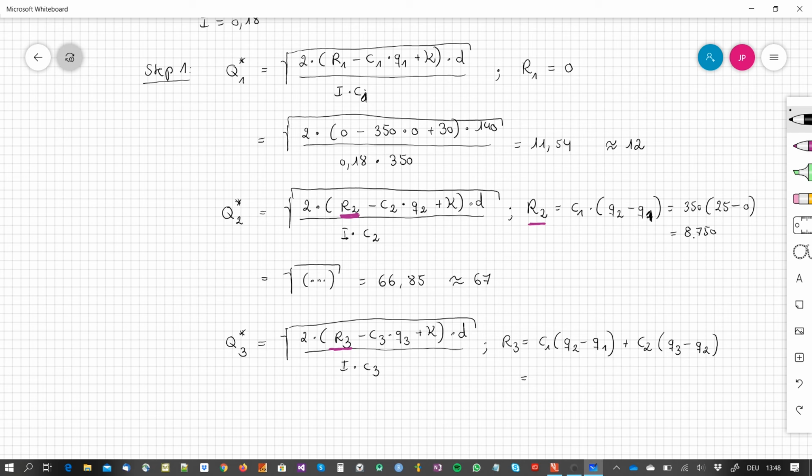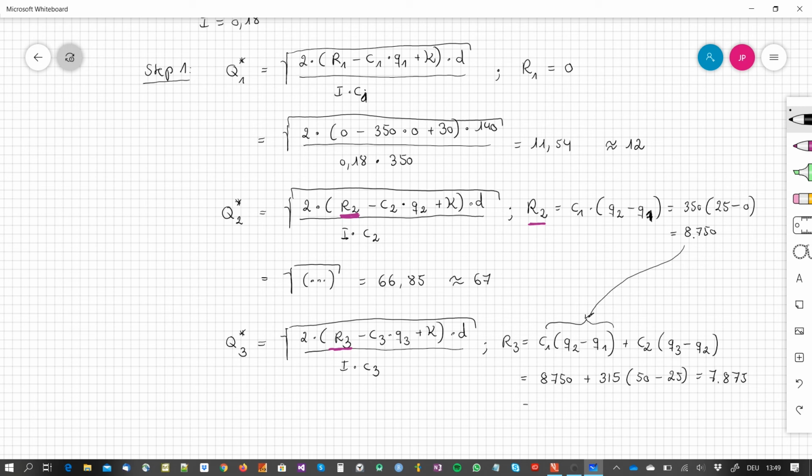So if I plug in our data, the C1 we have just calculated, 8,750, plus this is now C2 was 315 and the range of the quantities was 50 minus 25 and this is 7,875.